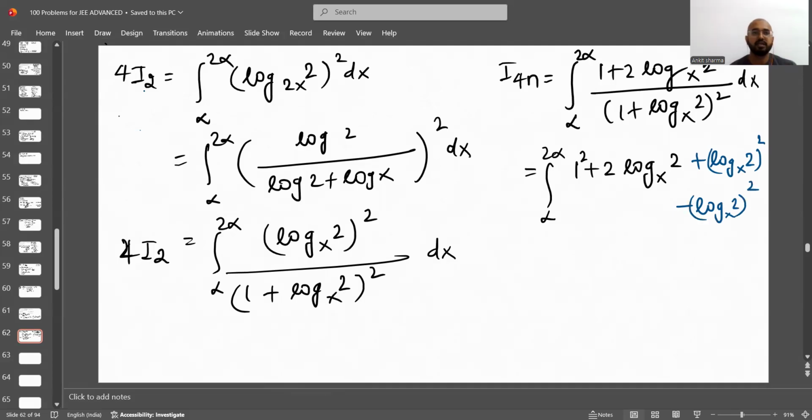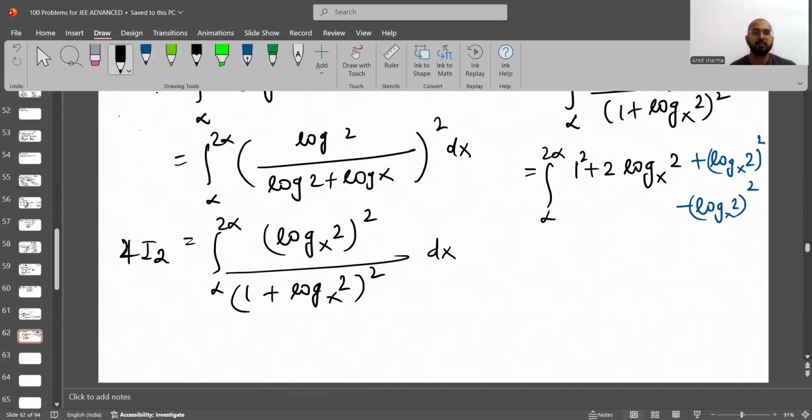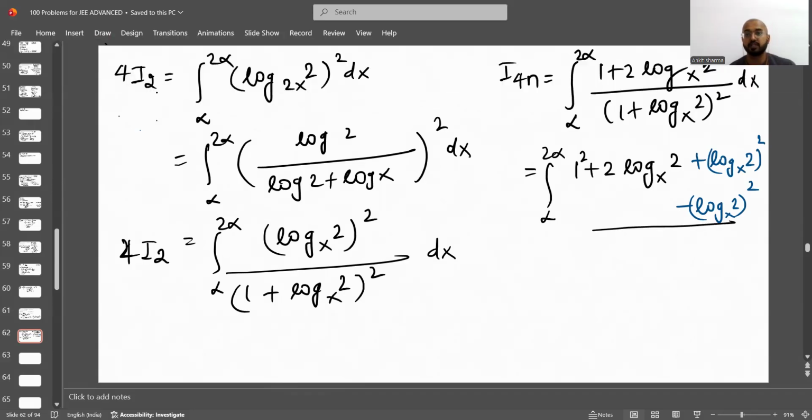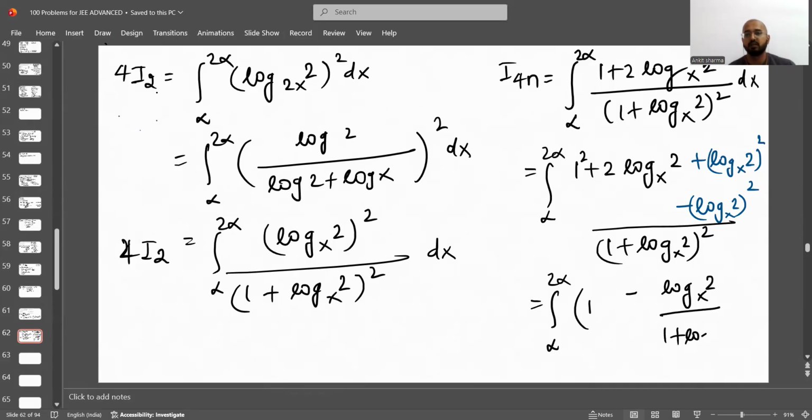So if I do this addition and subtraction, then the denominator looks a bit familiar because it shares a close relation with 1 plus log 2 over x, the whole square. I can now simplify and write down simply alpha to 2 alpha, and this will be 1 minus log 2 base x over 1 plus log 2 base x, the whole square dx.